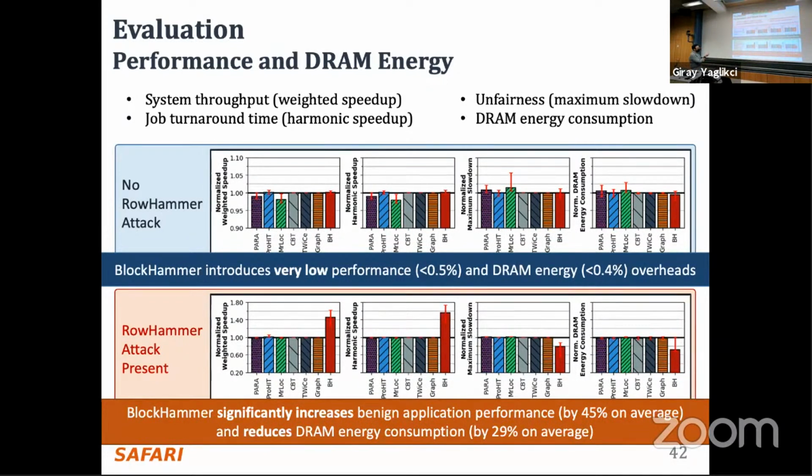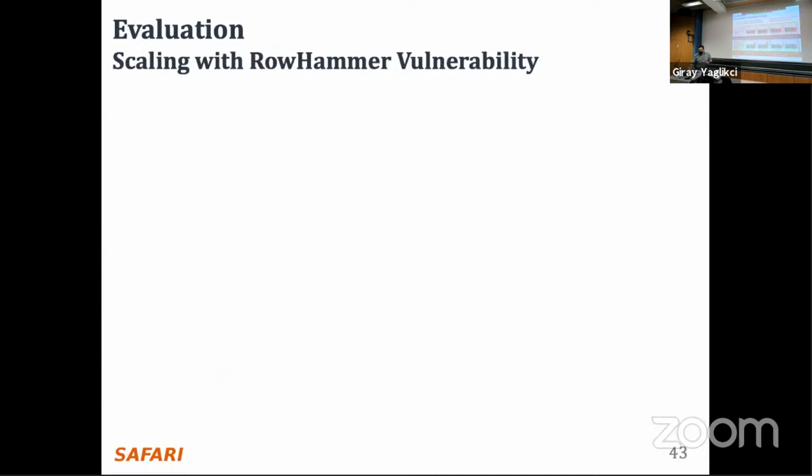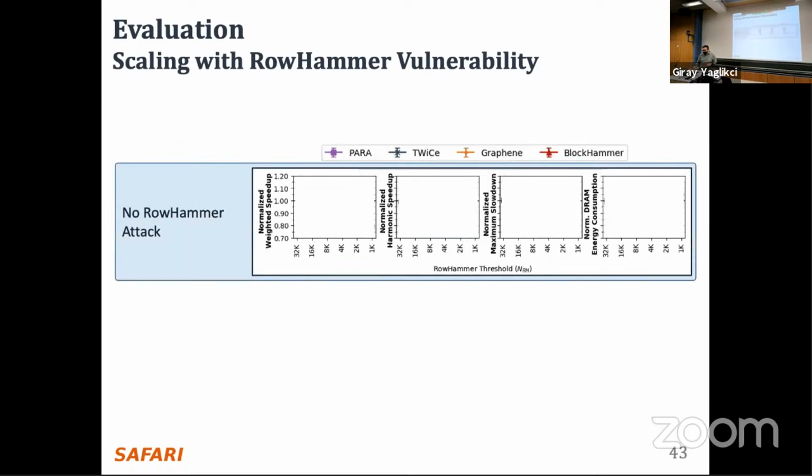When there is a RowHammer attack present, BlockHammer significantly increases benign applications' performance by 45% on average and reduces DRAM energy consumption by 29% on average. This is all because of throttling the malicious RowHammer attack thread without affecting the other applications, and other mechanisms don't do this.